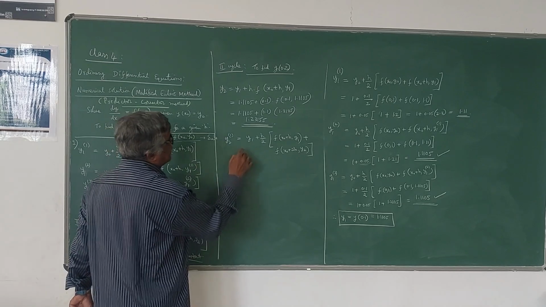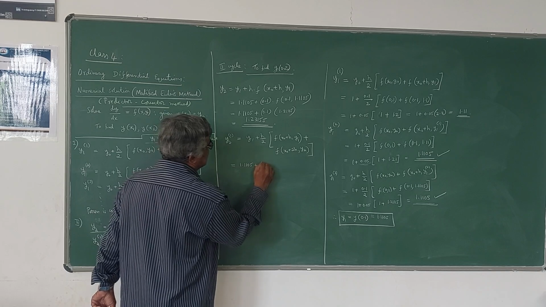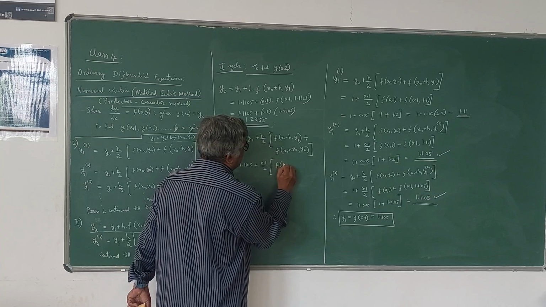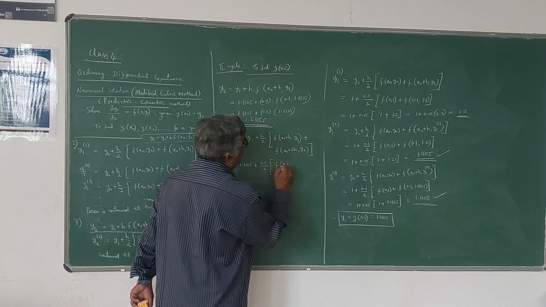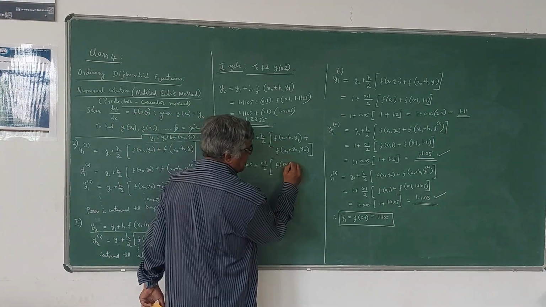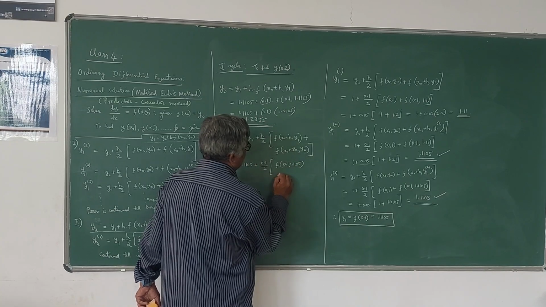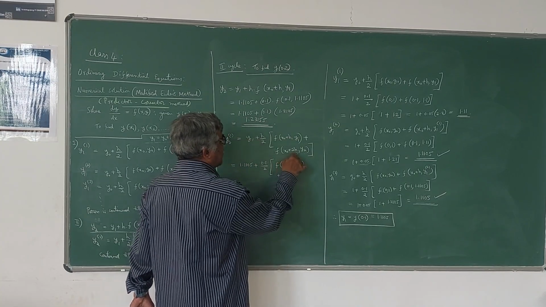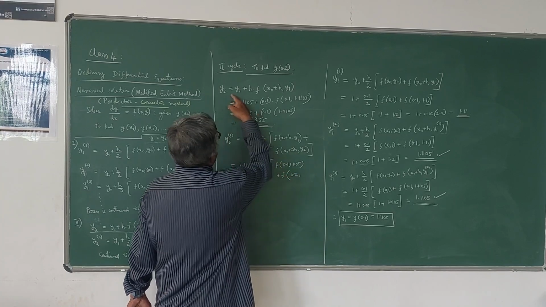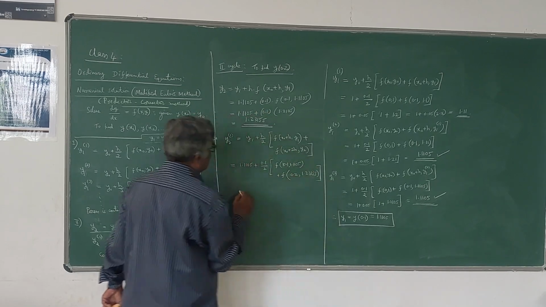Now, this is y1, we have that value 1.1105, plus h is 0.1 by 2 into f of x naught plus h, that is 0 plus 0.1, and the y1 value we got, 1.1105, plus the function of x naught plus 2h, that is 0.2, comma y2, this value 1.2315. Now let us substitute and simplify.